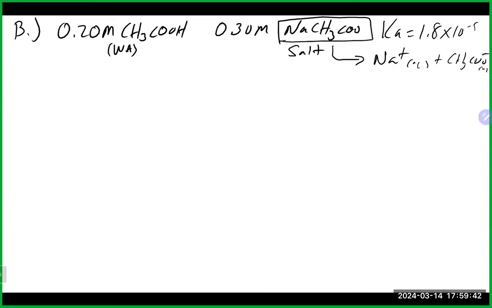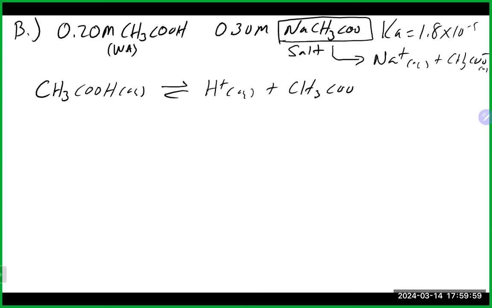And that means that the only place where we could do an equilibrium type setup is going to be our acetic acid. So that is where we want to start with our ice table here, and we'll have a little H plus and acetate happening.